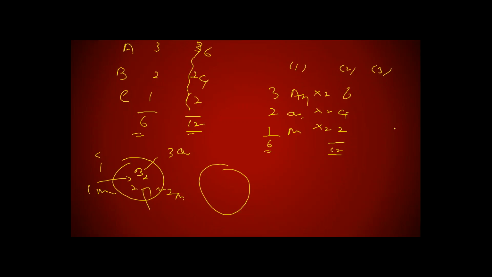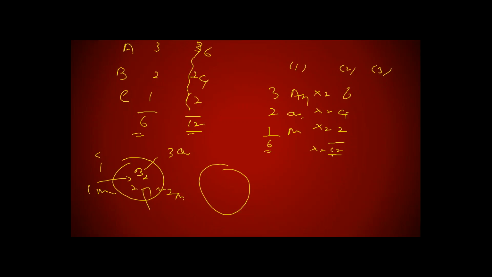From 6 to 12, you multiplied by 2 and got it. Everything you multiplied by 2. So 3 multiplied by 2 is 6, 2 by 2 is 4, 1 by 2 is 2. So that is for 12.